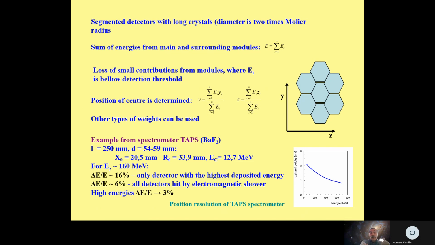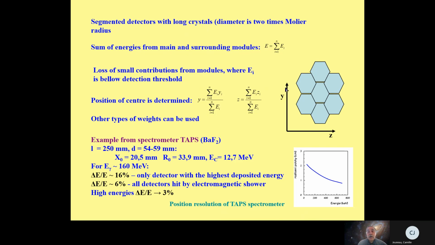The electromagnetic calorimeters which we described, these walls of scintillation detectors, are given by segmented detectors with long crystals, which have a length of more than 15 radiation lengths.